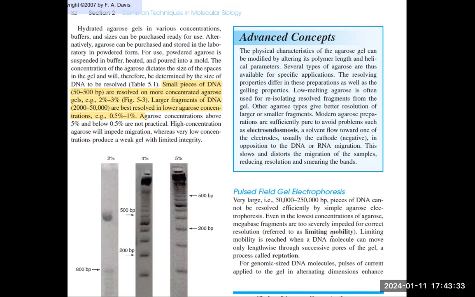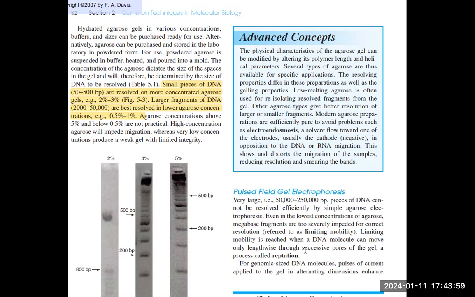Limiting mobility is reached when our DNA molecule can move only lengthwise through successive pores of a gel. This is known as reptation, from the Latin word reptare, meaning to crawl like a snake. Snakes move lengthwise, they cannot move crosswise. That's the same case here.